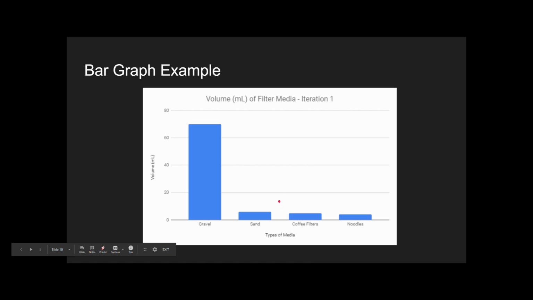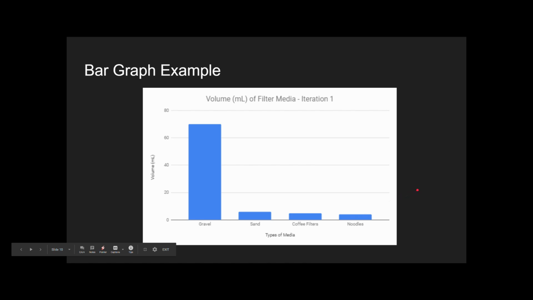One thing that this makes a little bit more difficult to see is how all of these together stack up against gravel. It's hard to tell that all three, if you put them together, still make up a very small amount. But it is better at showing that there's a bit more sand than coffee and a bit more coffee filters than noodles. So that's what a bar graph is good for.